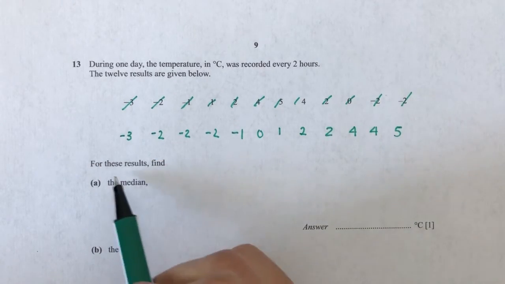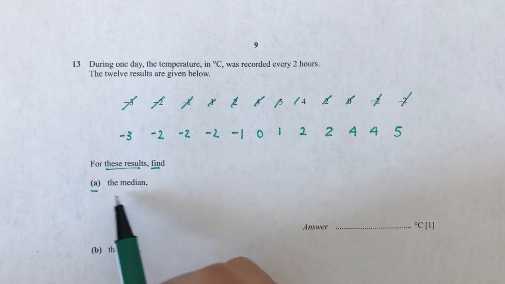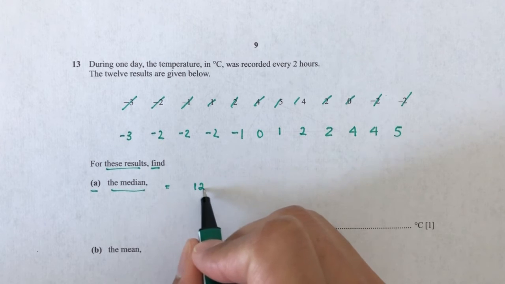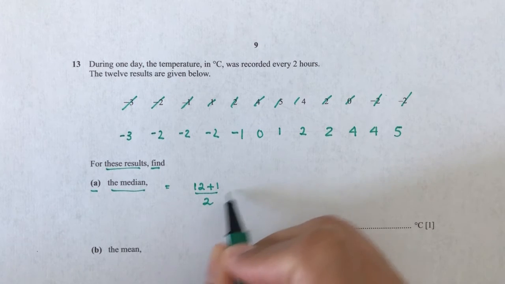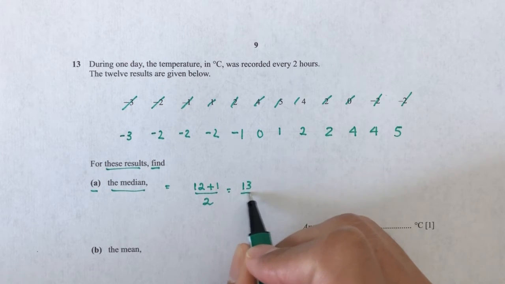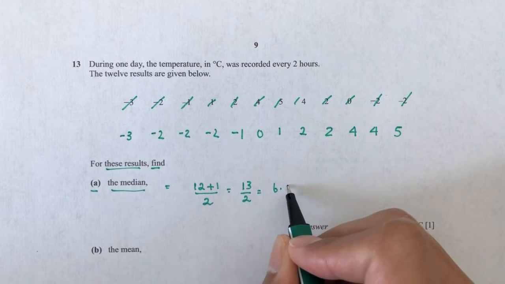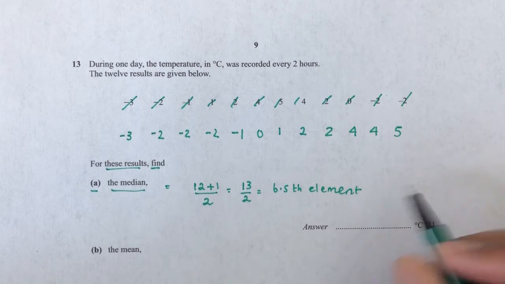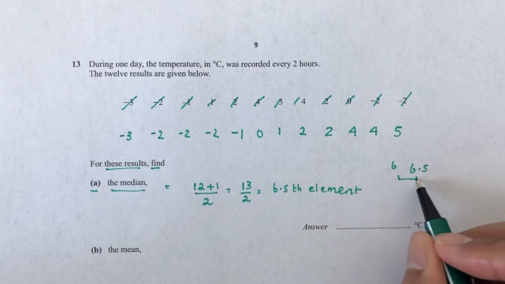So for these results, part A, find the median. The median is, we have to do 12 plus 1 divided by 2, which is 13 divided by 2, it will be the 6.5th element. So what is 6.5? 6.5 is between 6 and 7.